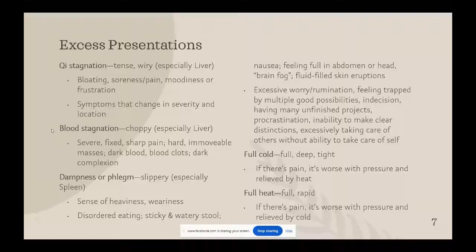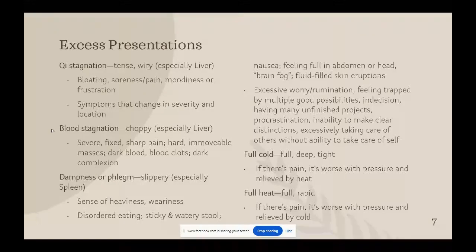These are symptoms of dampness listed here: a sense of heaviness, weariness, digestive issues like disordered eating, sticky, watery stool, nausea, feeling full in the abdomen or the head. Some people will describe it as brain fog, and fluid-filled skin issues, skin eruptions.